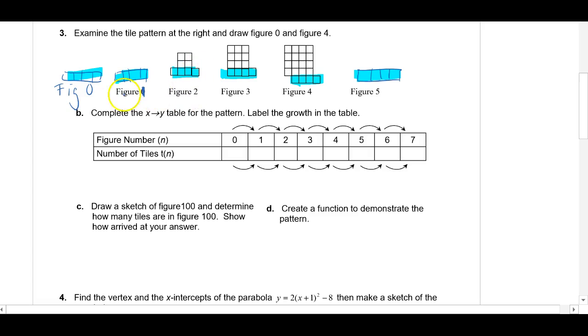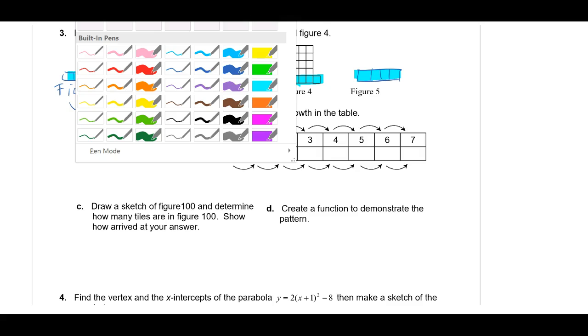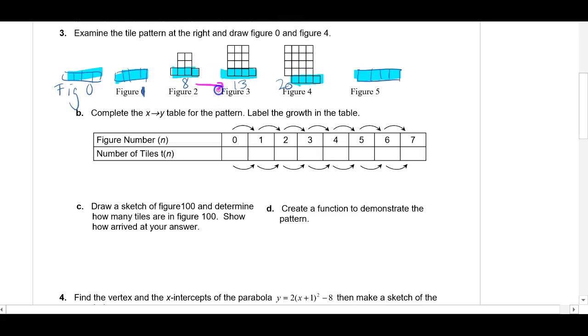Okay, well, let's do that by first finding out how many are in each figure for the ones that we do know. So this has 8, I counted them. And then I counted here, I had 13. And when I counted here, I had 20. And the question is, going from figure to figure, how many are we adding? Or how much is it increasing by?